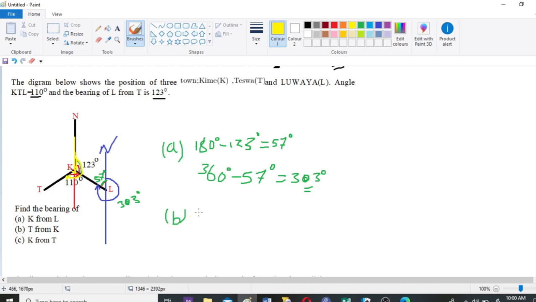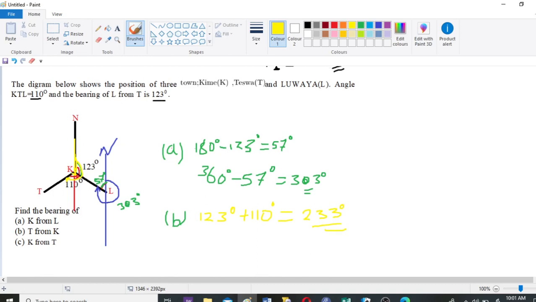This bearing is nothing but the total of 123 degrees and 110 degrees, giving us 233 degrees. That is the bearing of T from K.